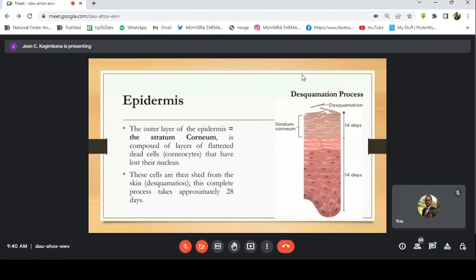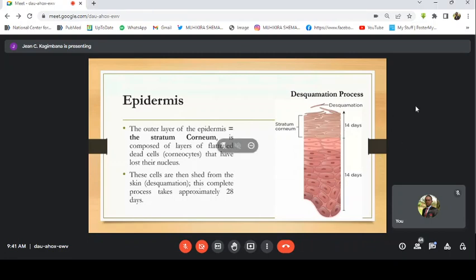When we characterize a lesion on skin, we say desquamative lesion, or desquamative lesion with, and then you describe. You will see this when we describe primary and secondary lesions. This is the desquamation process, which takes at least 14 days, which is a normal turnover of the keratinocytes.